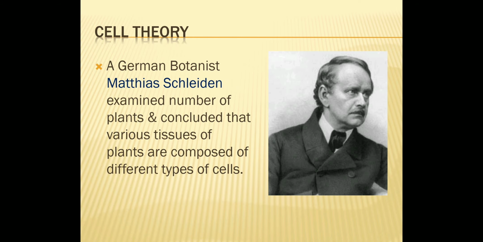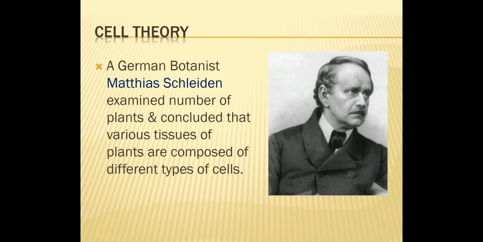Now coming towards cell theory. Cell theory was actually proposed by two scientists. They were Schwann and Schleiden. A German botanist, Matthias Schleiden, examined a number of plants and concluded that various tissues of plants are composed of different types of cells.